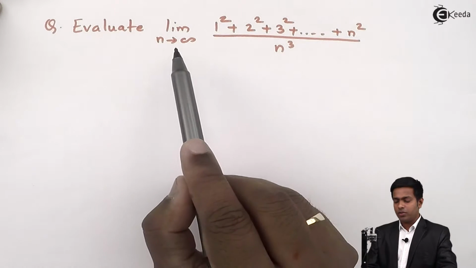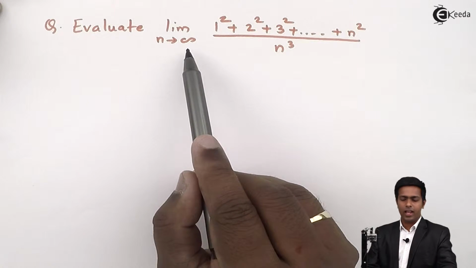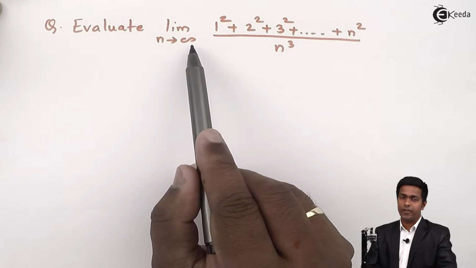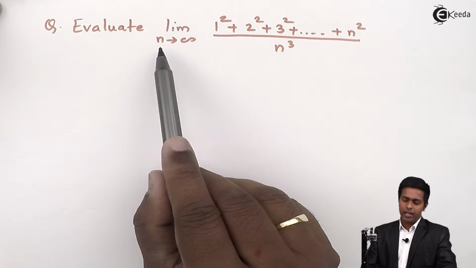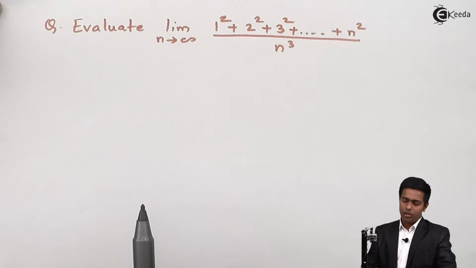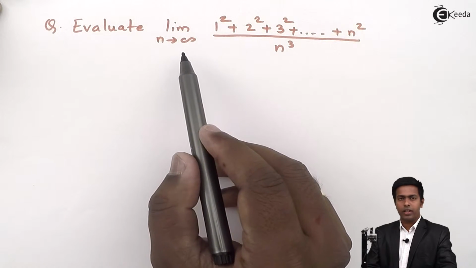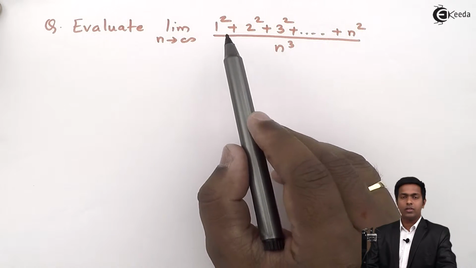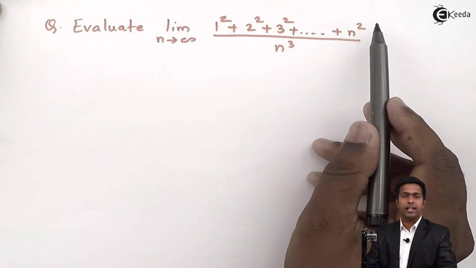Now if you observe the limit, here we have n tends to infinity, and whenever we have a limit tending towards infinity, we substitute that variable, here n, as 1 upon t. So before substituting n equals 1 upon t, if you observe the numerator, we have a series, that is 1 square plus 2 square plus 3 square plus so on till n square.